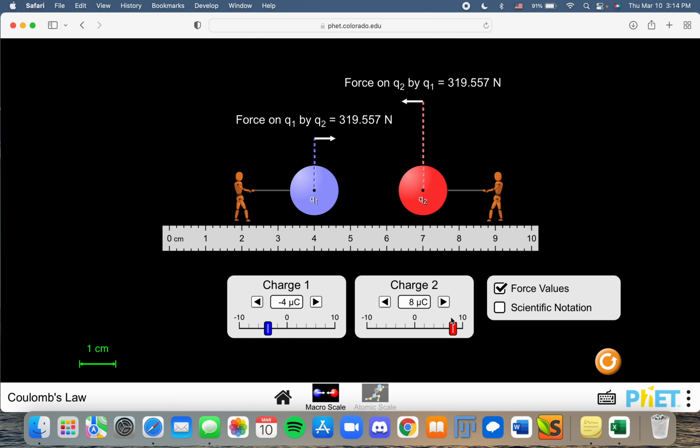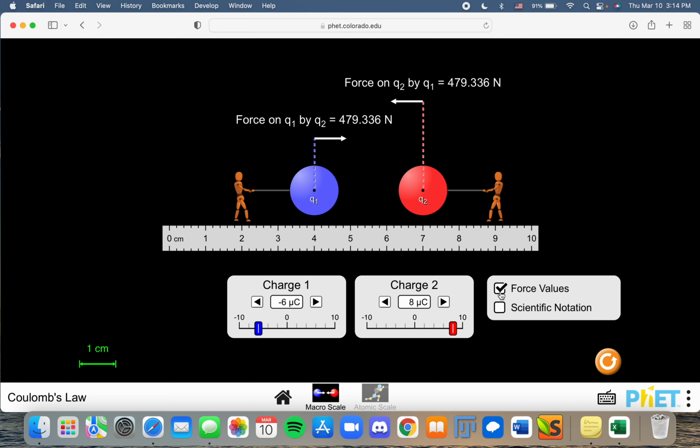Down here, you can also adjust the charge of the atom by changing the scale. So if I pull it toward the right side, it'll become more positive, and if I do it the other way, it'll be more negative. And you also have the option to collect quantitative data by checking on this box for force values.